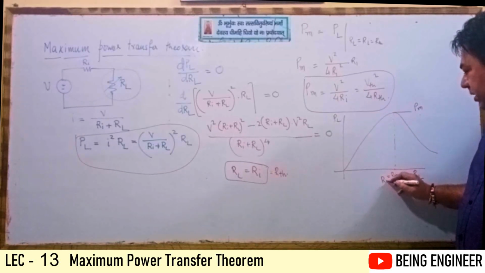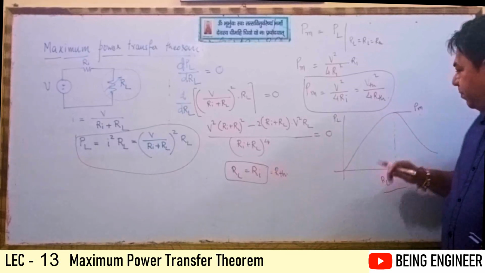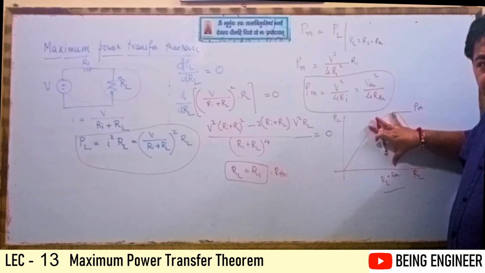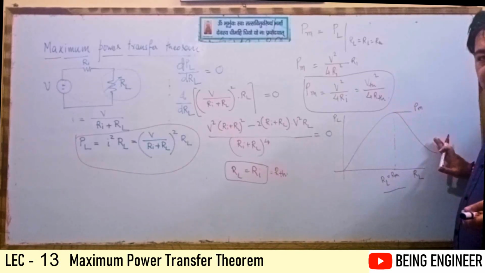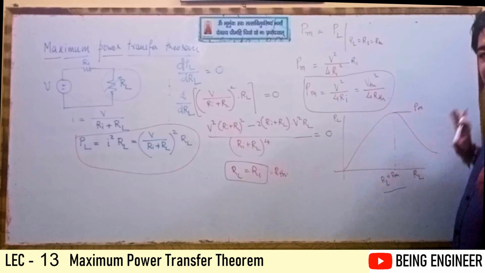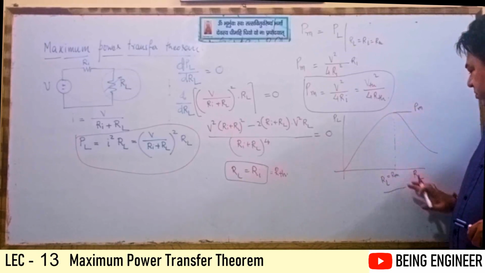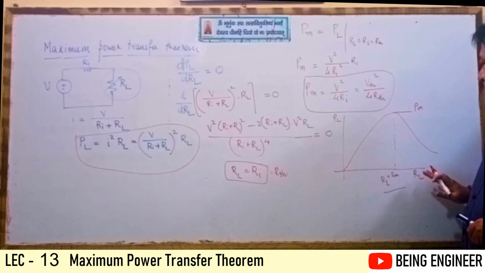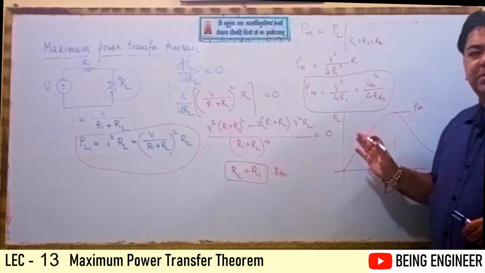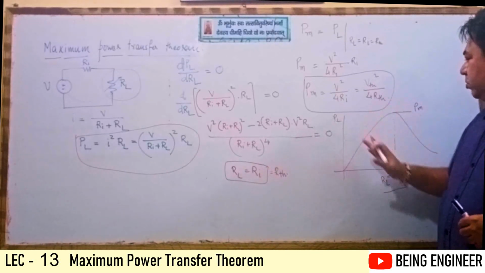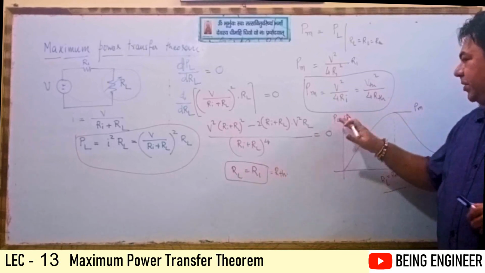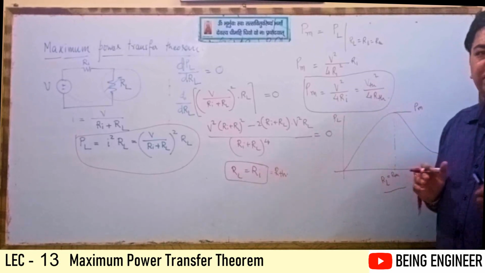When the load resistance RL equals RTH, the power becomes maximum. And if you keep increasing the value of the resistance, the power reduces. So the graph will be like this. This question was asked earlier in the Indian Engineering Services examination: which kind of curve do you get between PL and RL? So this is very important.